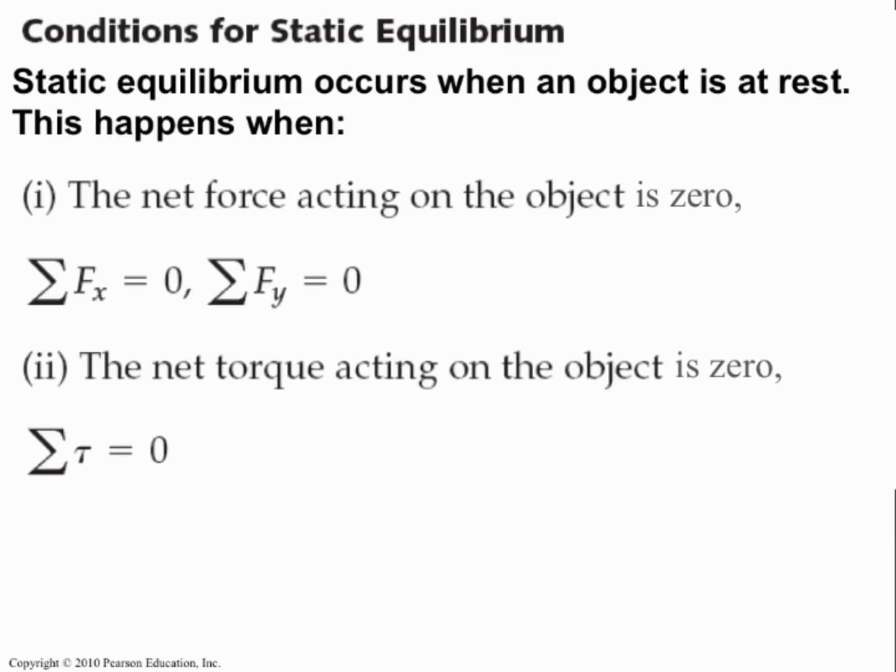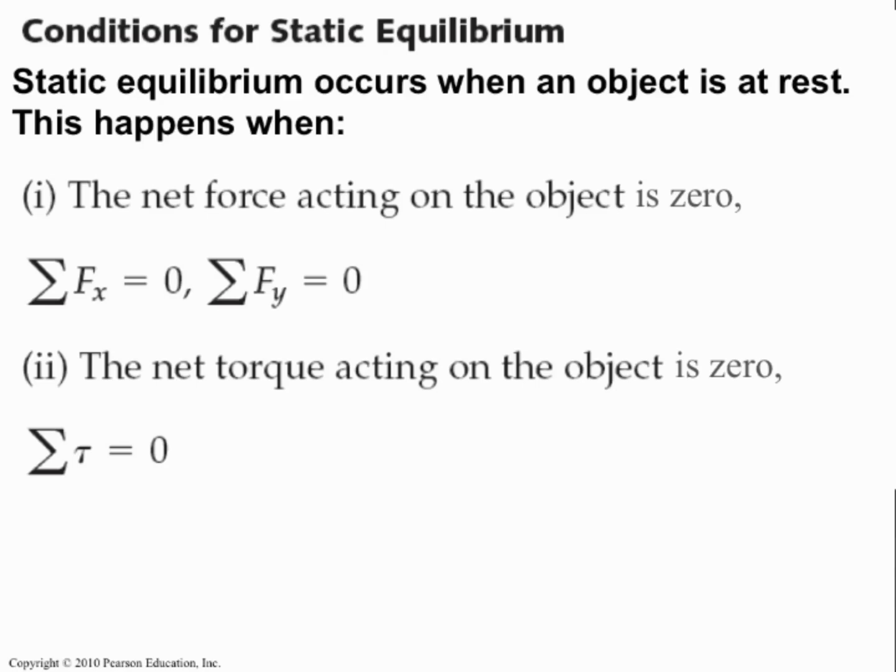Like if you are standing on the ground, your force of weight is opposed by the normal force of the ground on you, and so you stay still because those two forces are equal and opposite. So static equilibrium is just when things stand still.